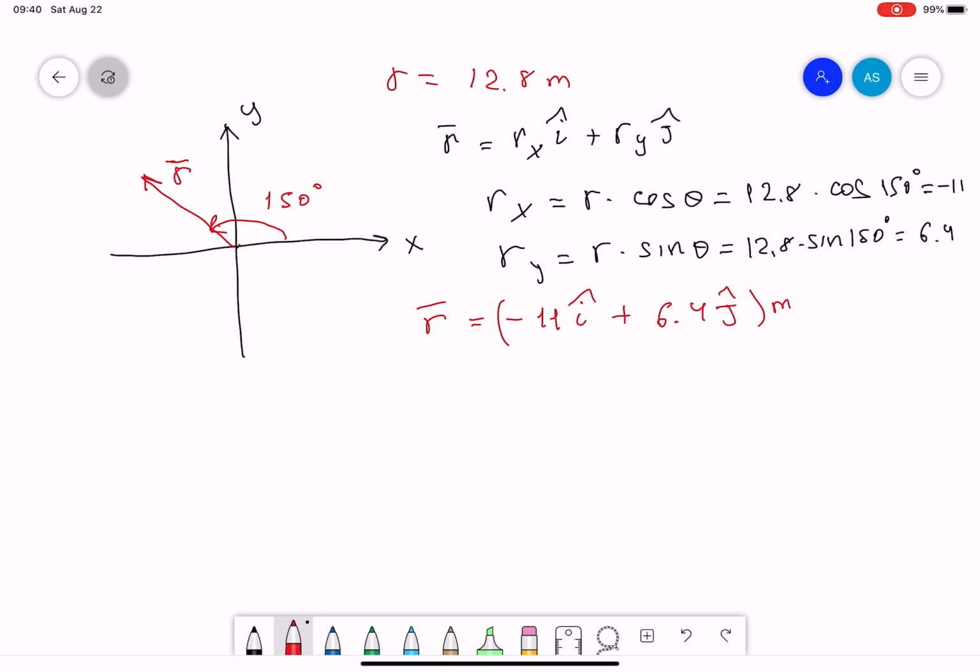Now that means our x component is equal to minus 11, then our y component will be equal to 6.4. Now that's how you write down the expression.